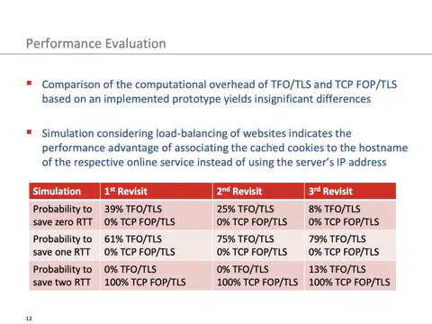Furthermore, we conducted a simulation which considered the studied load balancing of the Alexa top million websites that support TCP Fast Open. Here we found a significant performance advantage of associating the cached TCP Fast Open cookies to the host name of the respective online service, compared to the TCP Fast Open approach of associating the cookie to the server's IP address.